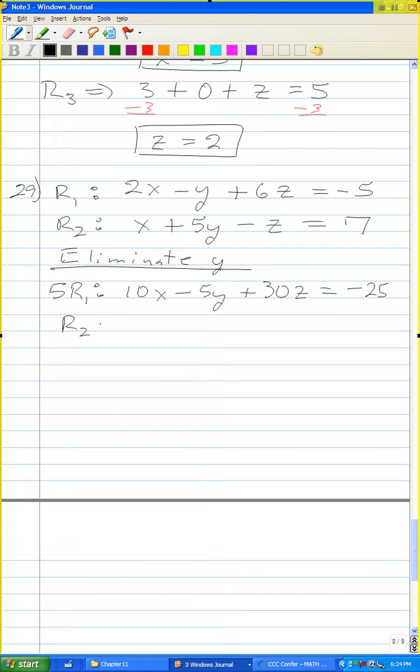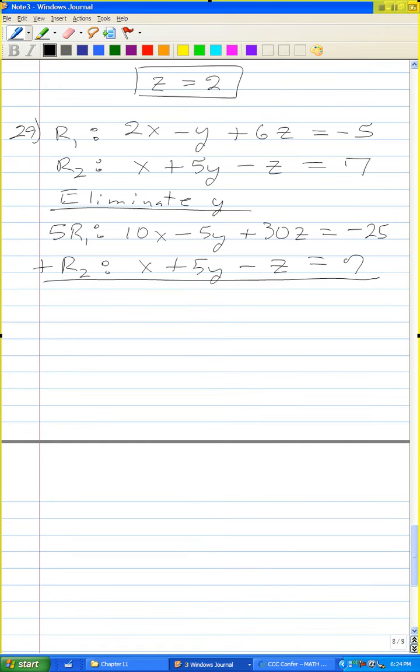And I have R2: x plus 5y minus z equals 7. Let's add. So I get 11x, the y's cancel, plus 29z equals 18.